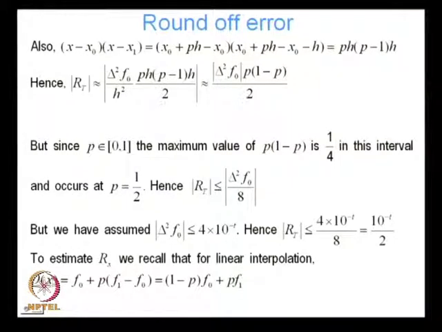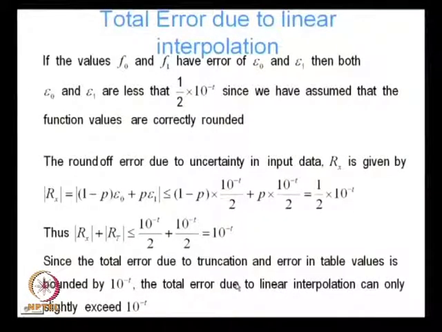The error in the function value will be the error arising out of this and the error arising out of that. So, 1 minus p epsilon 0 plus p epsilon 1, which is lesser than or equal to 1 minus p times 10 to the power minus t by 2, because that is the bound on epsilon 0, that is the bound on epsilon 1, plus p times 10 to the power minus t by 2, which if I add together I get half into 10 to the power minus t.